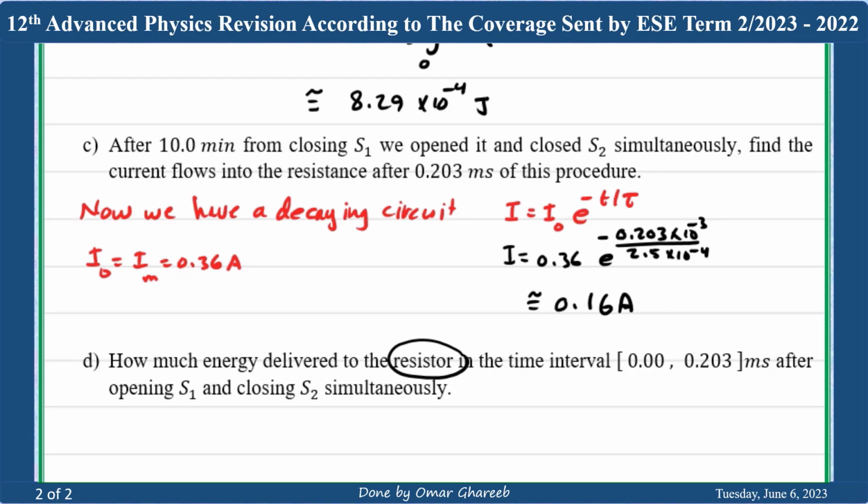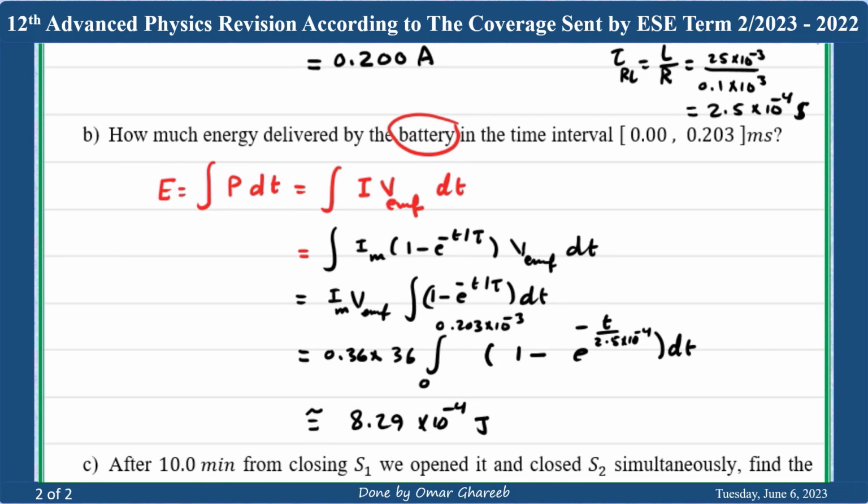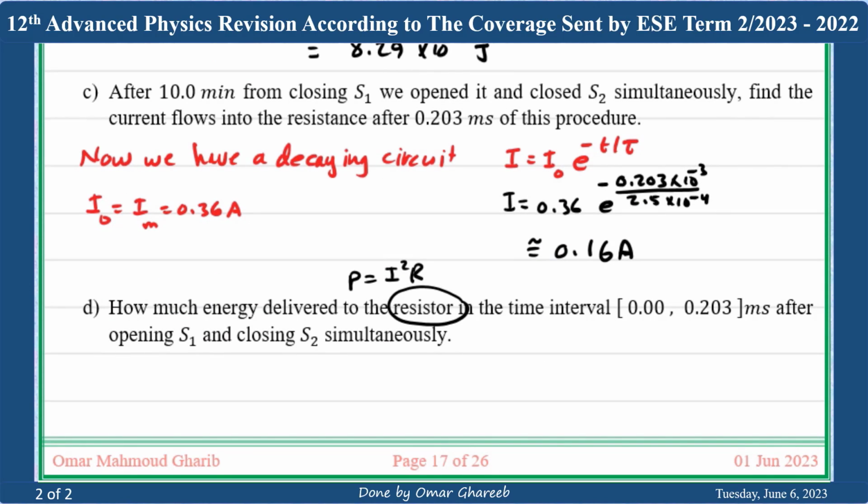So don't use IV like for the battery. Use I squared R to find P. It's a very important thing. So for the battery, use I delta V. But for the resistor, you must find I squared R for the power.